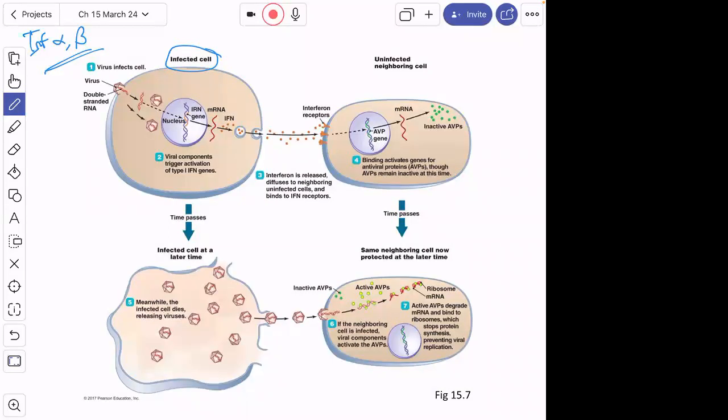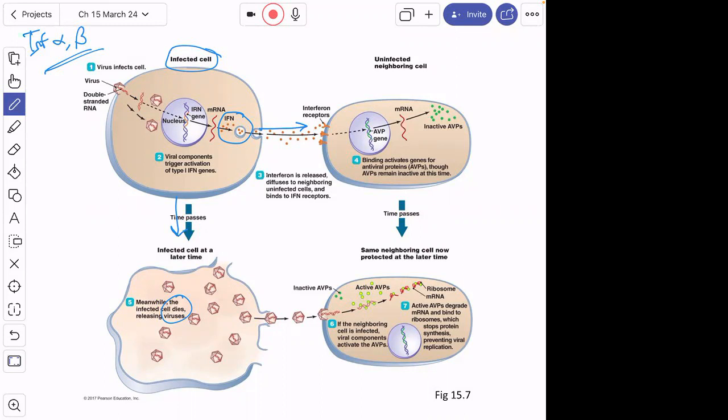But before that cell gets totally shut down, it will start making interferon, and it secretes that interferon, which acts on neighboring cells. There's nothing that can be done for this cell itself. It's beyond help. Over time, that cell is going to die, by lysis or whatever. There's no hope for that.